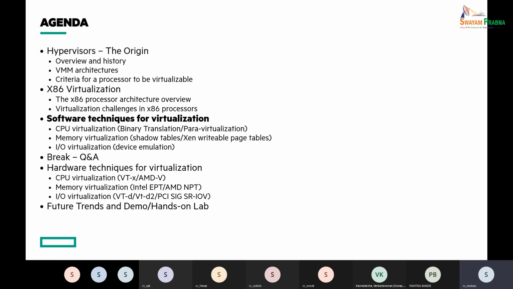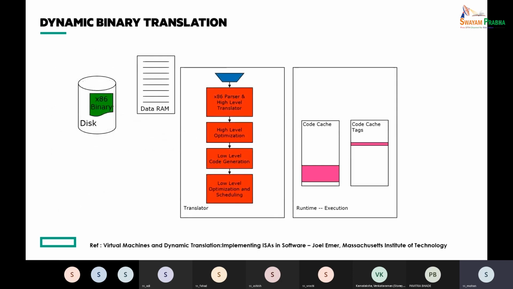And so when VMware Workstation started the work, with the 32-bit x86 architecture, the initial thoughts were on handling these with software techniques. And one of the oldest software techniques for CPU virtualization was binary translation. So we'll go into that now.